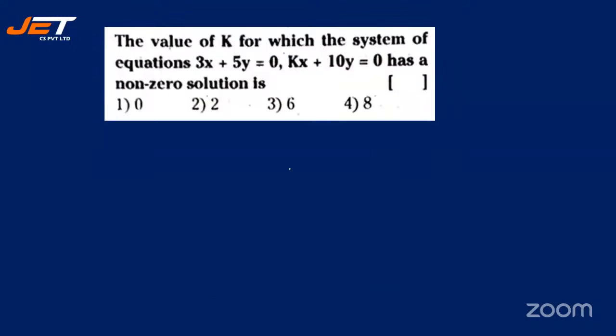The value of k for which the system of equations 3x plus 5y is equal to 0, kx plus 10y is equal to 0 has a non-zero solution. Right.